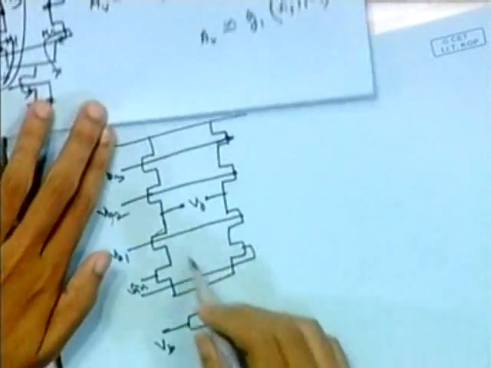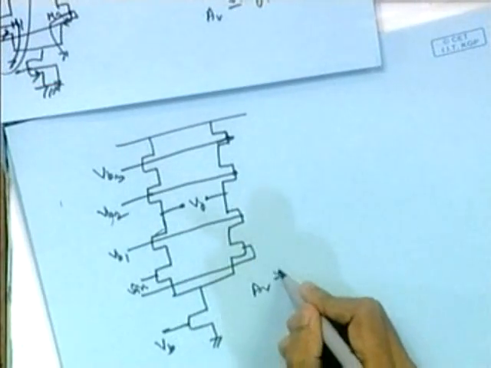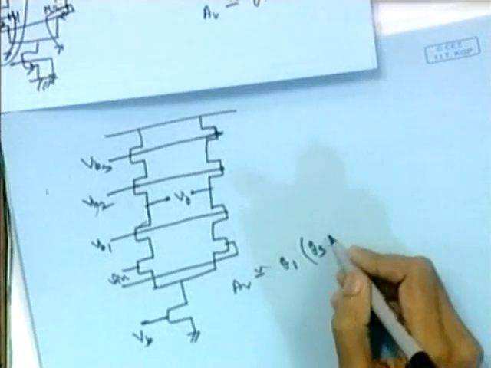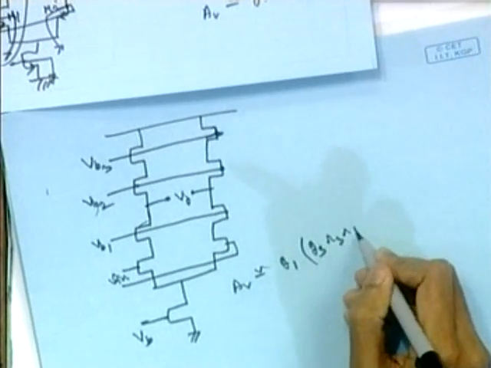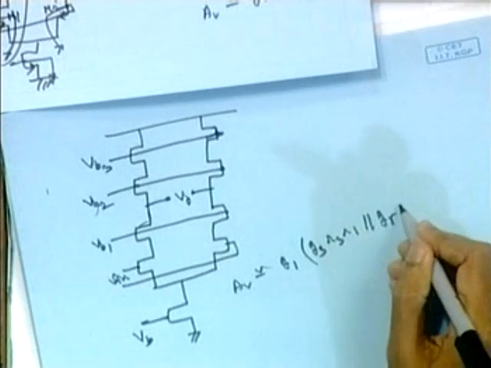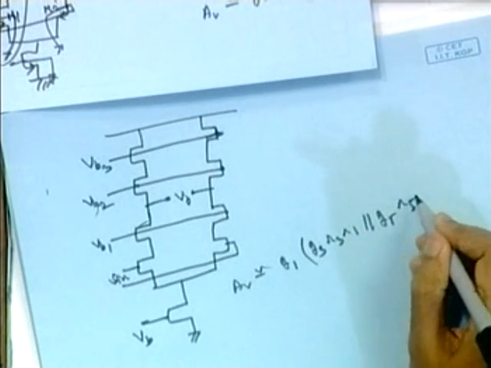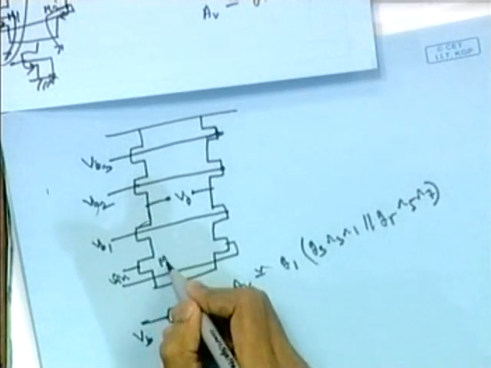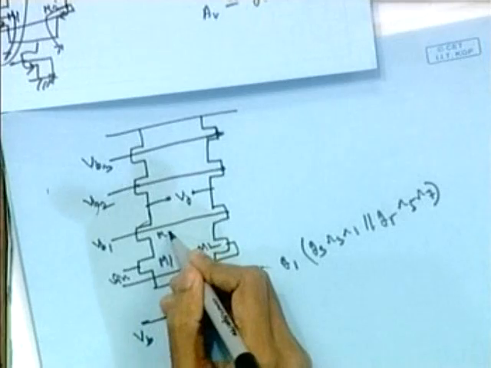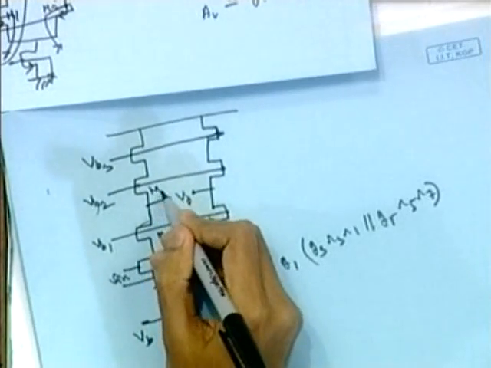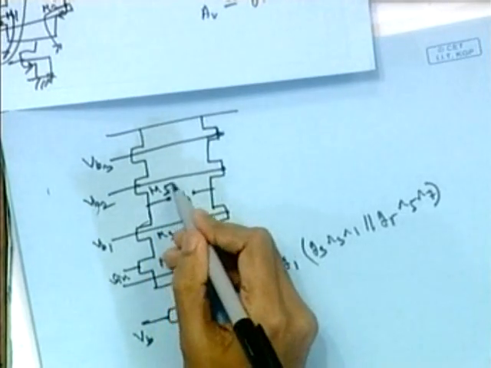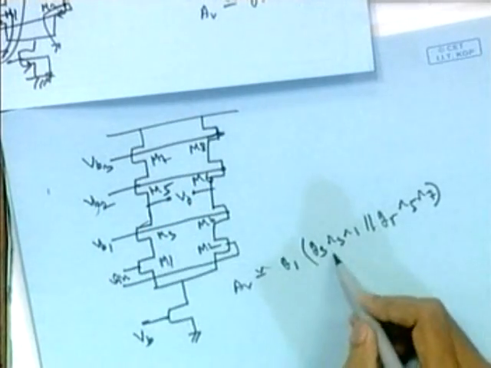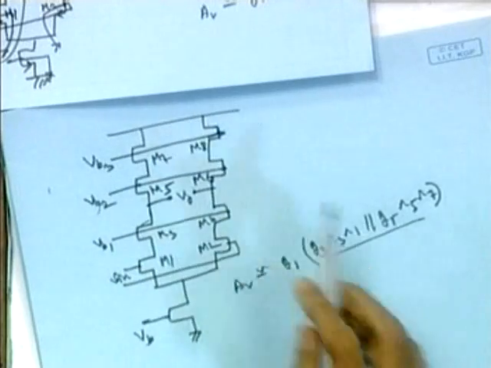But if you are using this cascoding kind of thing, your gain will look like G1, G3, R3, R1, R5, R7. This is M1, M2. So you are getting much higher gain using this cascoding structure.